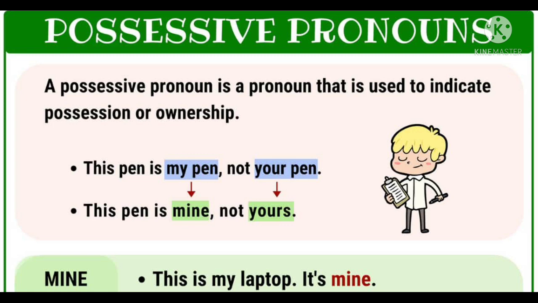For example, this pen is my pen, not your pen. You can see the highlighted words, and in the next sentence, this pen is mine, not yours. My pen has been written as mine, and your pen is mentioned as yours. So mine and yours are two possessive pronouns.